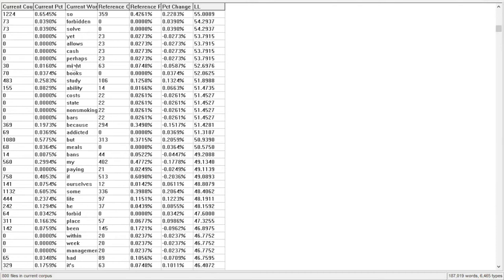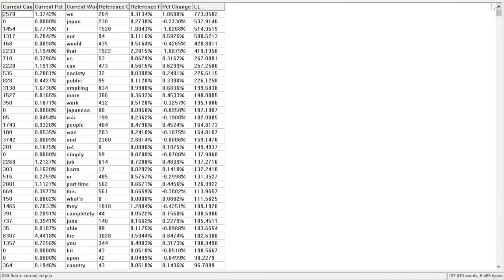And talking about "might", there's "might", which again is being used more by the native speakers. So typically you're going to get "can" being overused by learners and a wider range of modals being used by native speakers. Let's just look at "we" as one example.